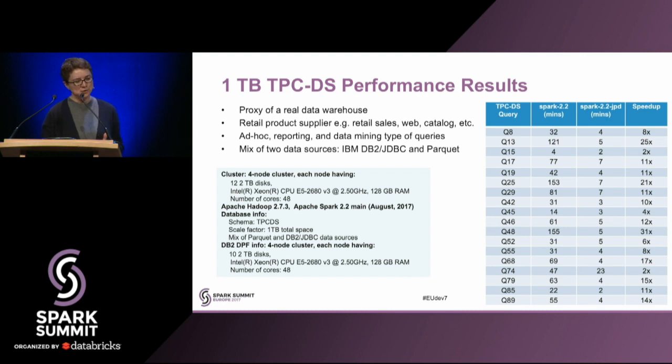Part of the benchmark data is stored in an IBM DB2 database, which connects to Spark using the JDBC data source, and part of it is in a Parquet file. From this table, we observed a good performance improvement, up to 30 times.